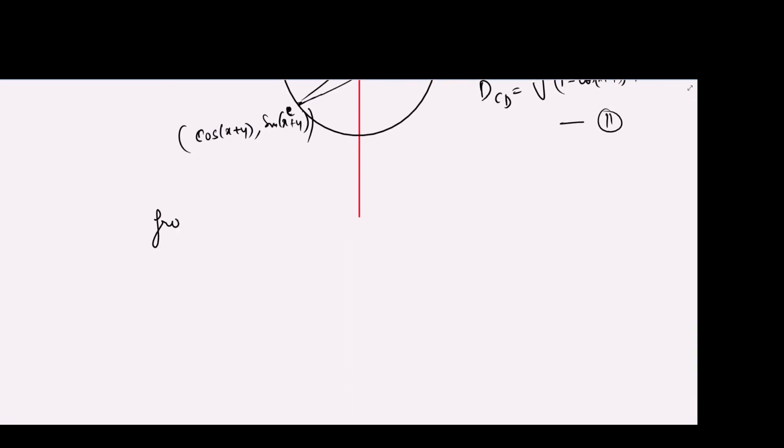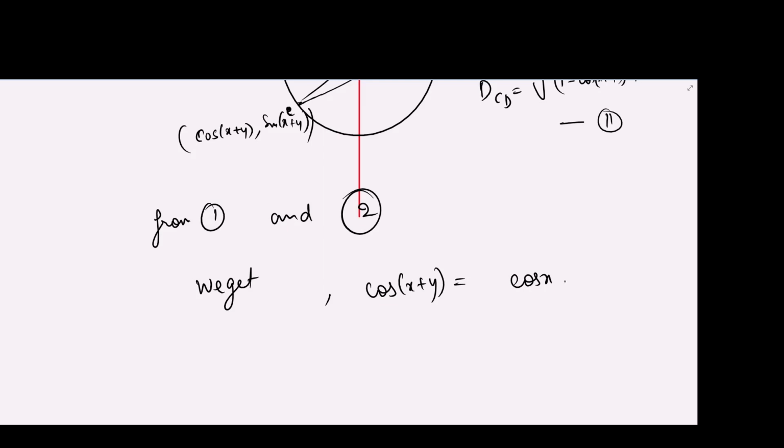So from 1 and 2 we get cos x plus y is equal to cos x cos y minus sin x sin y.